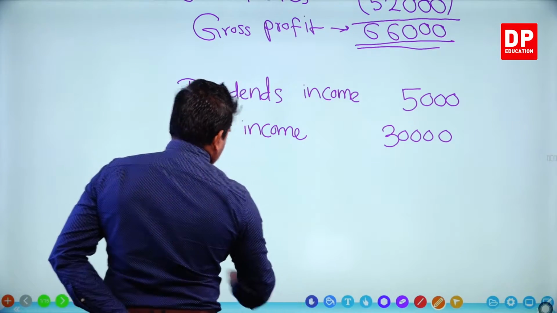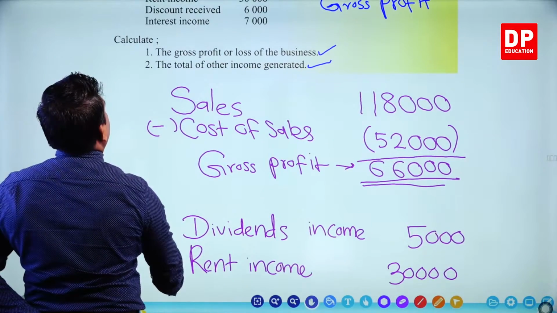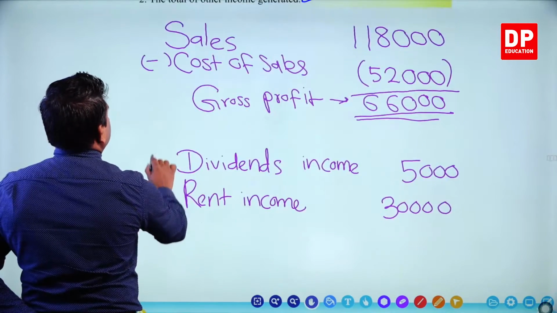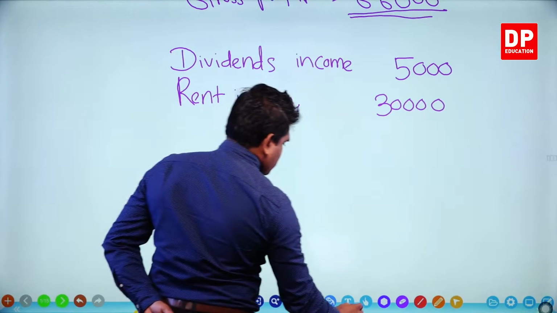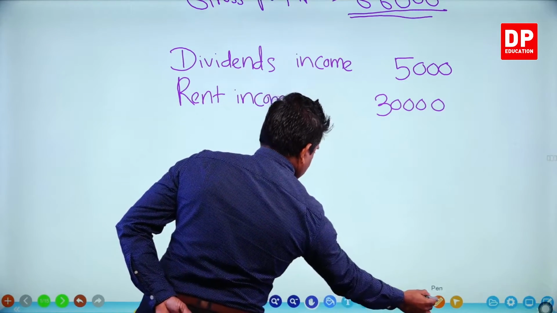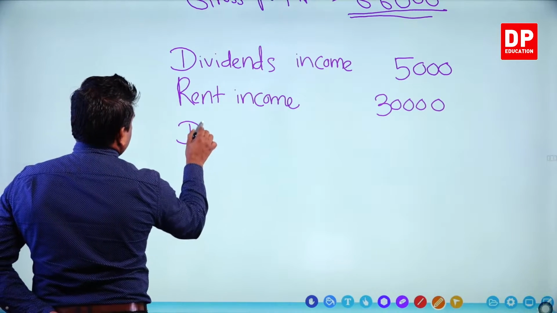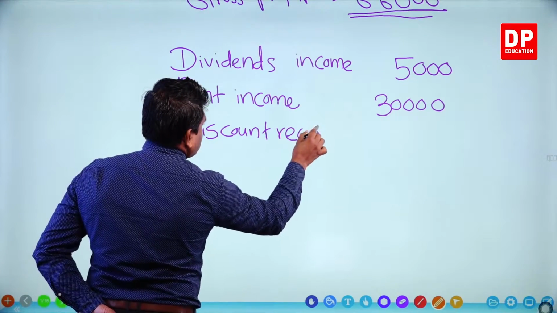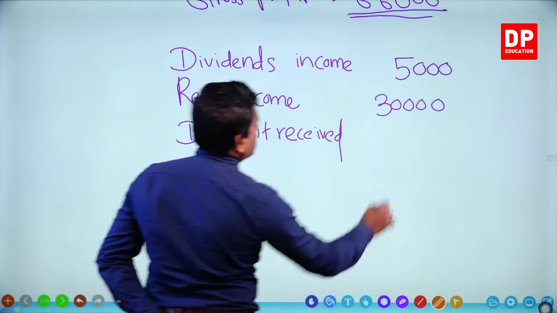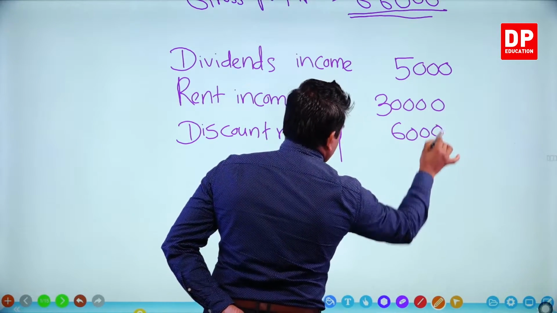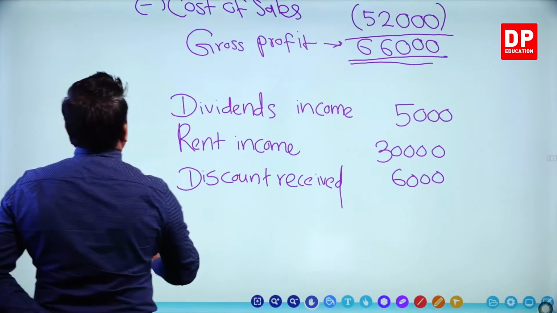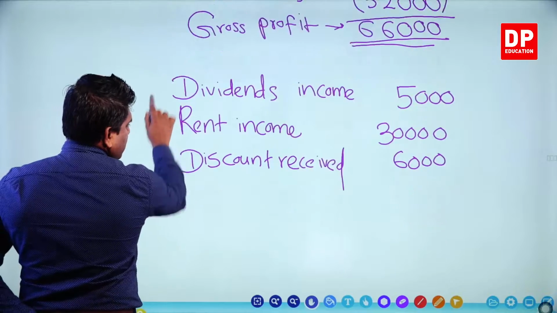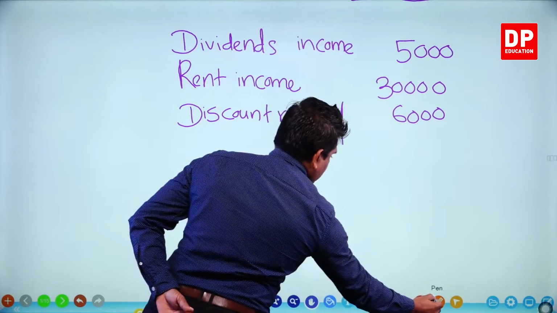Right? Discount received 6,000. Next one, interest income 7,000.